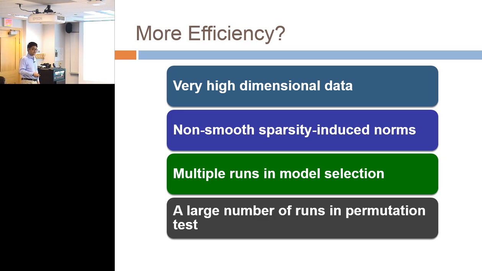For example, a dataset with millions or billions of variables. And even worse, in real applications, we usually need to run the solver many times for model selection and parameter tuning, right? So this imposes an even greater challenge to all of the existing algorithms.